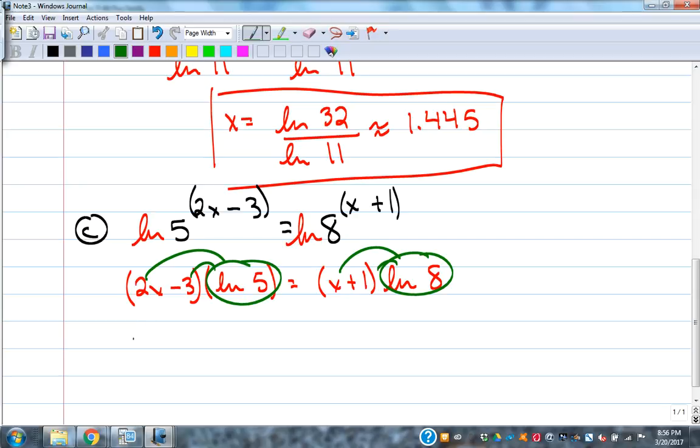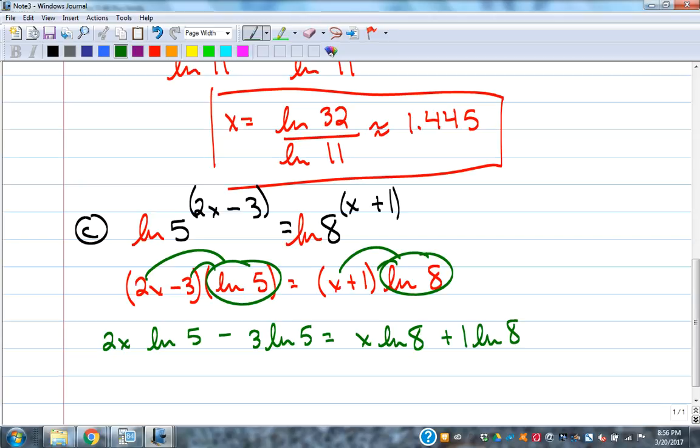All right. So that's 2x ln of 5 minus 3 ln of 5 equals x ln of 8 plus 1 ln of 8. Now, when you're solving an equation, what things need to come together?